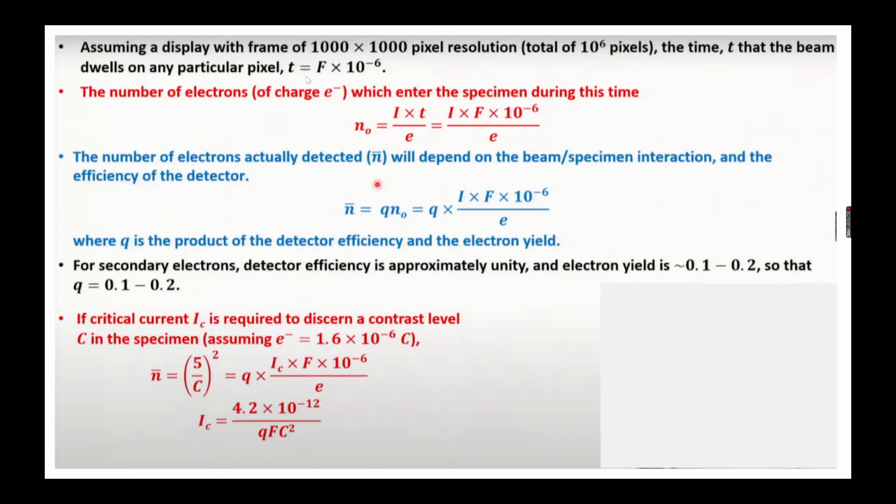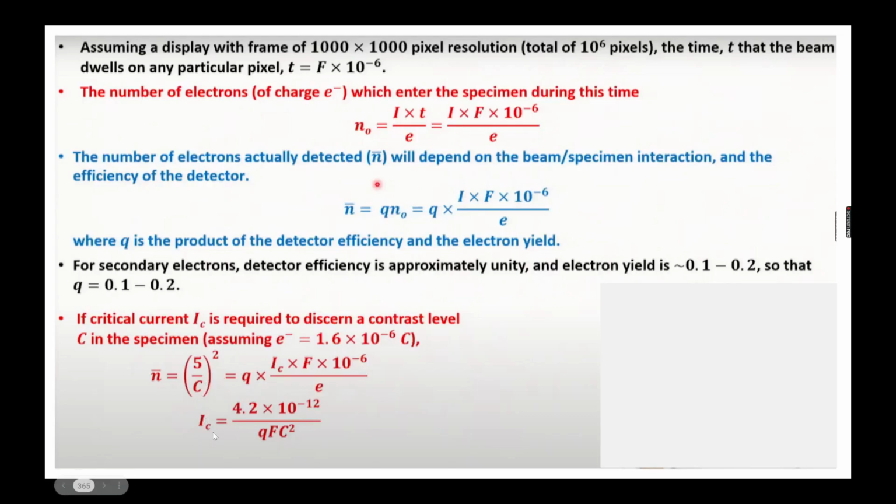So here you will have a small derivation. If you go to this last red derivation, they have calculated the critical current required to discern a contrast level C in the specimen, assuming the electron charge is 1.6 into 10 to the power minus 19 coulomb.